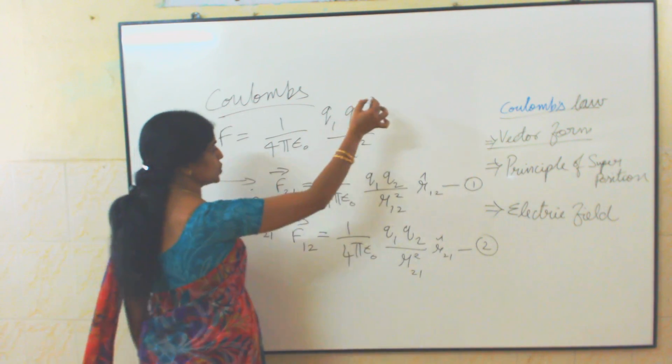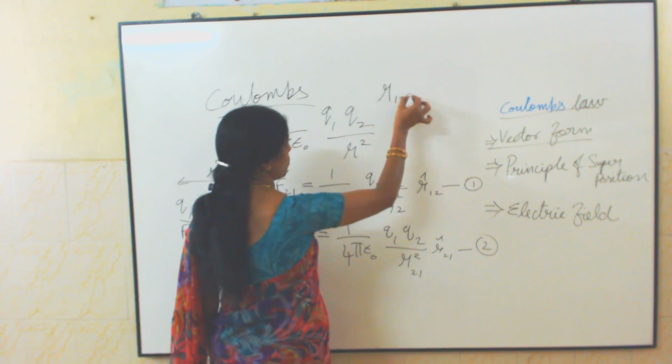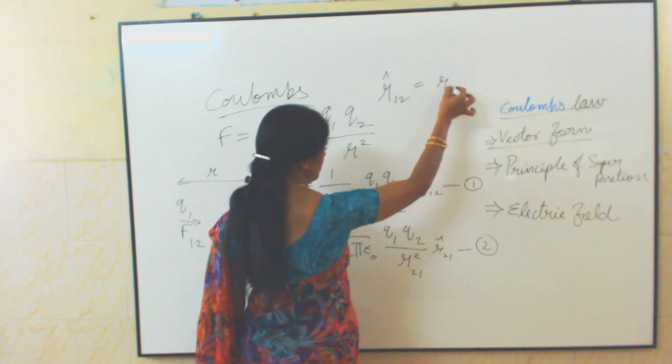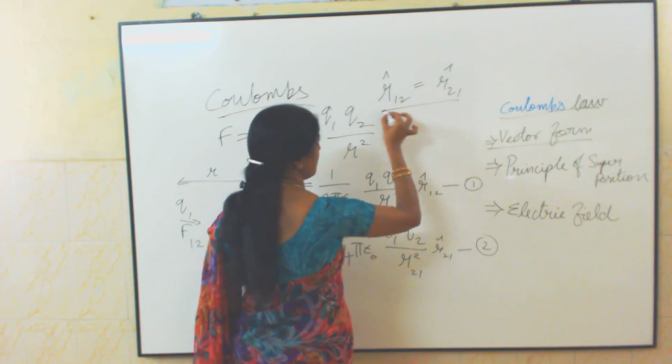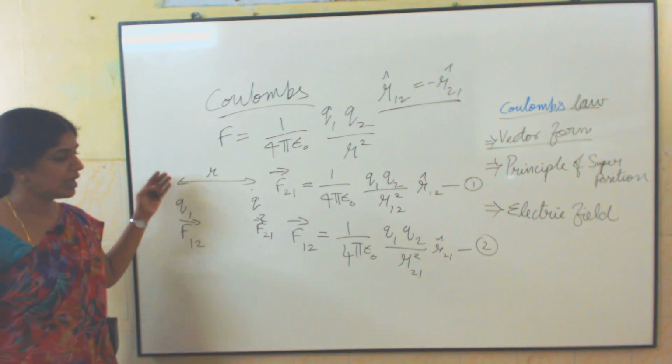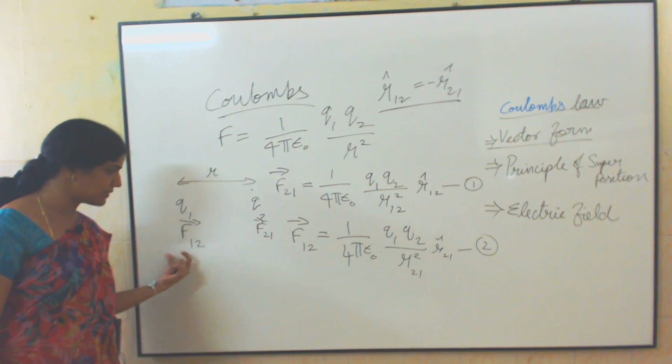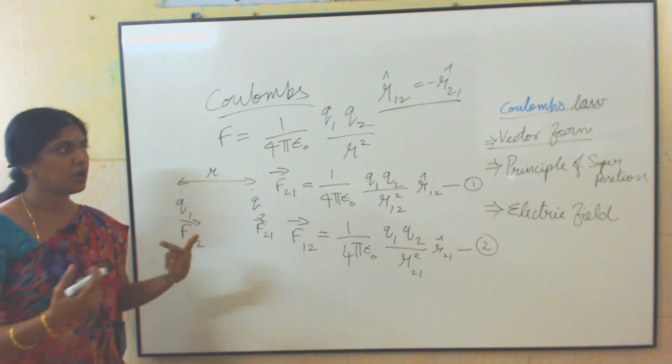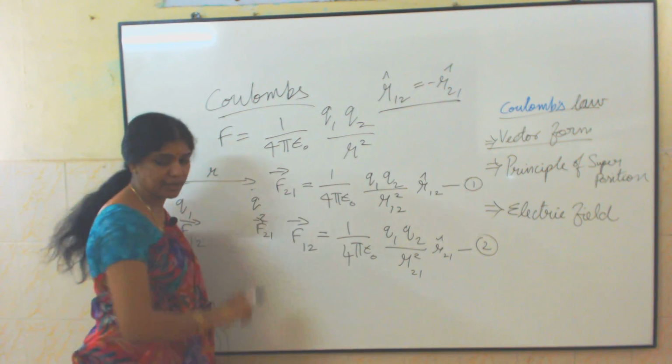Now, if you see, these two unit vectors R12 cap and R21 cap are equal in magnitude and they act in opposite directions. That is, these two forces will have the same magnitude but they act in opposite directions. So, how can I write this equation?